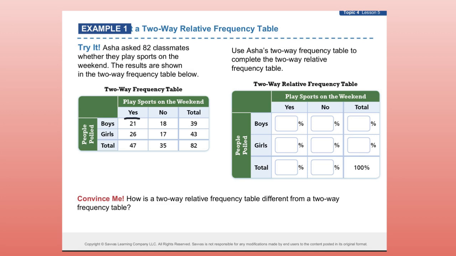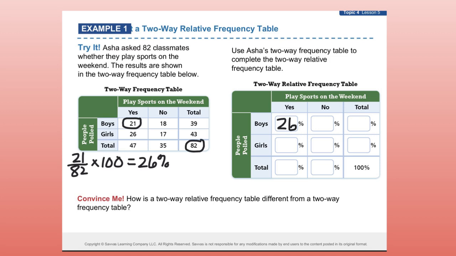21 boys said yes, they play sports on the weekend out of a total of 82. So 21 out of 82, change it to a percent by multiplying by 100, and that will give me 26%. So that's going to go right here.